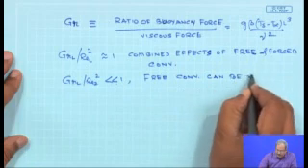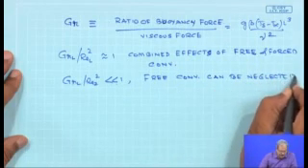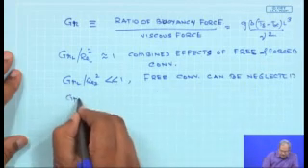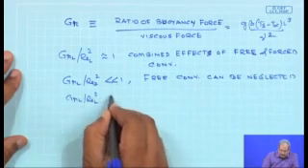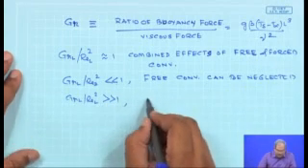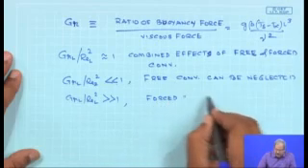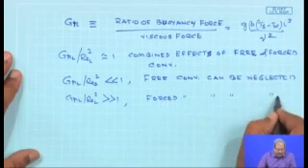And if, on the other hand, the Grashof number by Re_L square is way larger than 1, then the forced convection effects can be neglected.